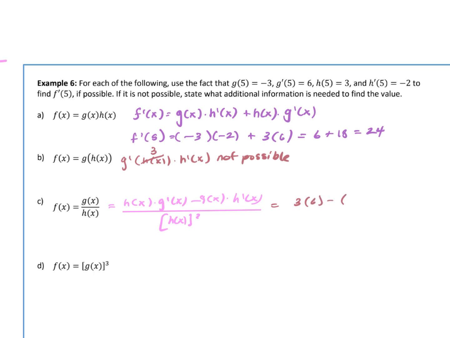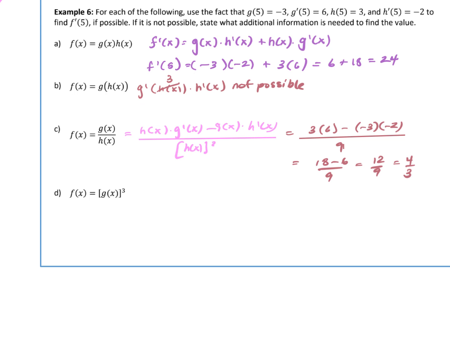And then g of 5 is negative 3. And then I believe this is negative 2. H prime of 5, yep. And then over the bottom, h of 5 squared. H of 5 is 3. 3 squared is 9. So we get 18 minus 6 over 9, so 12 over 9, which is 4 over 3.